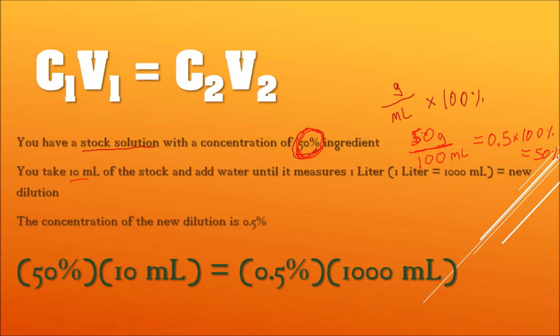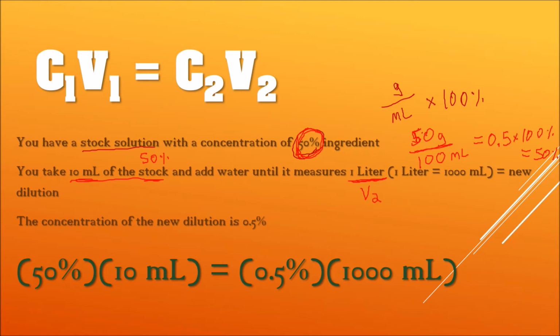Now we take 10 milliliters of that 50% stock, and add water until it measures 1 liter. So 1 liter would be the new dilution. That would be the volume of the new dilution, so that would be V2.